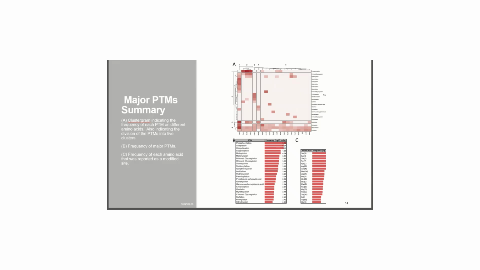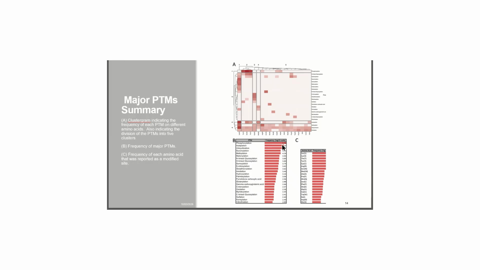post-translation modification. So the clustergram indicates the frequency of each post-translation modification on different amino acids. So you can see the frequency depends on different amino acids.